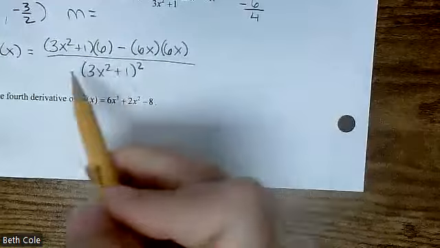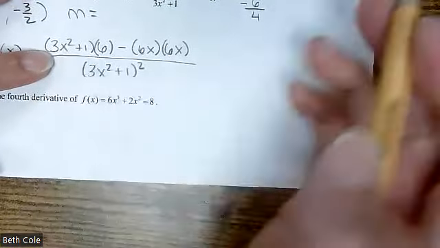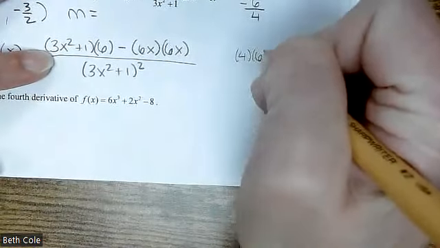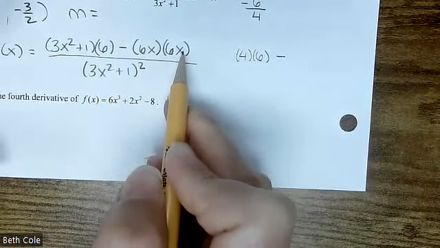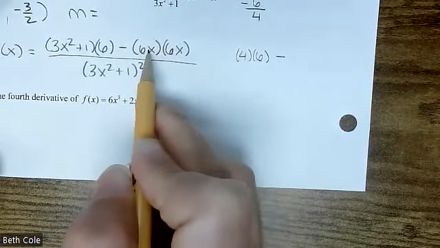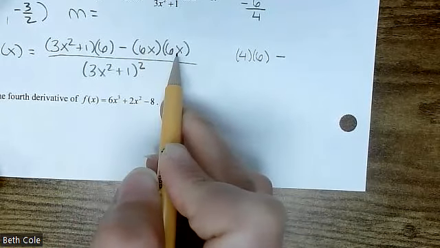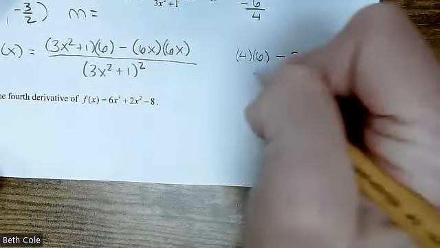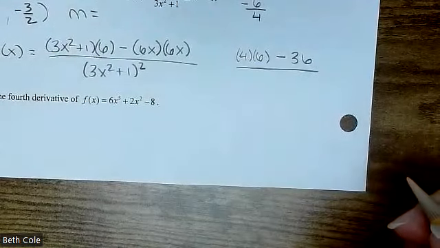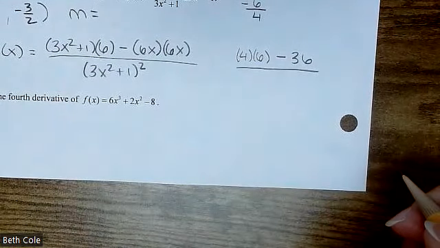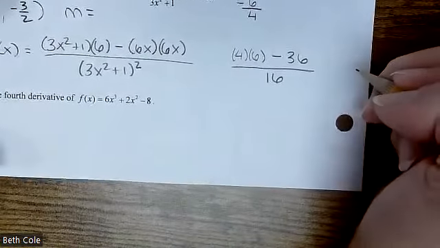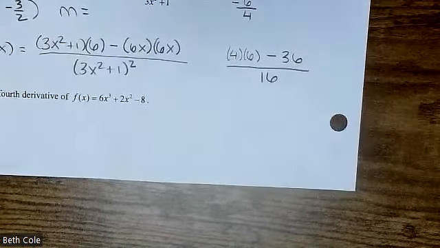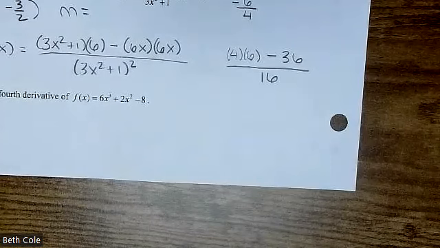All right, so let's just plug in negative 1. This first part would be 4 times 6. If you plug in negative 1 to both of these, you would have negative 6 times negative 6, which would be 36. Over, what is that going to be? 4 squared? So 16. So let's see, what's that? 24 minus 36. That's negative 8?